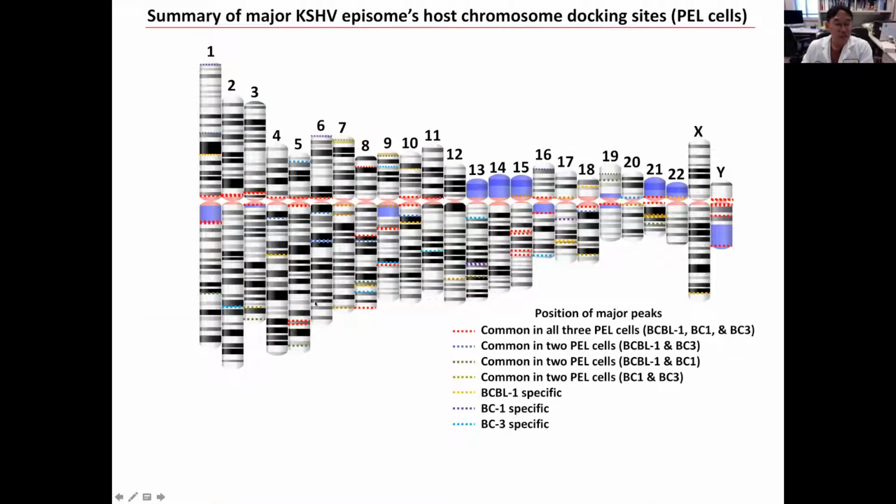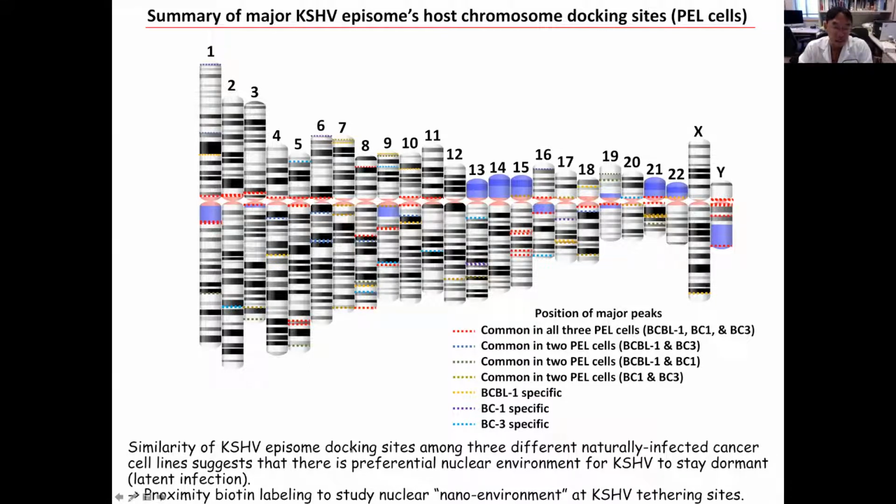Here is a summary of where the KSHV episome tethers, from chromosome 1 to Y. You can see the red sites are where all 3 are located at the same site, and different colors show sites that are specific or common to two. These data suggest that the similarity of the KSHV episome docking sites among the 3 different naturally infected cancer cell lines indicates there is a preferential nuclear microenvironment for KSHV to stay dormant in the latent infection.